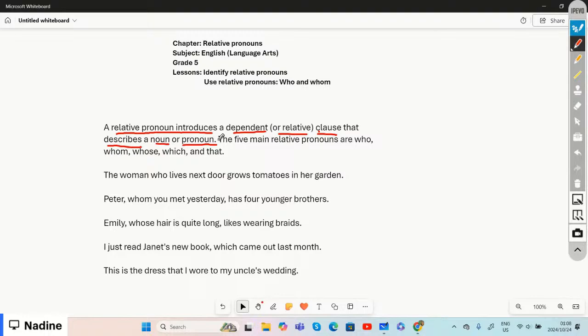And when it comes to relative pronouns, right? The five main relative pronouns are words like who, whom, whose, which, and that.